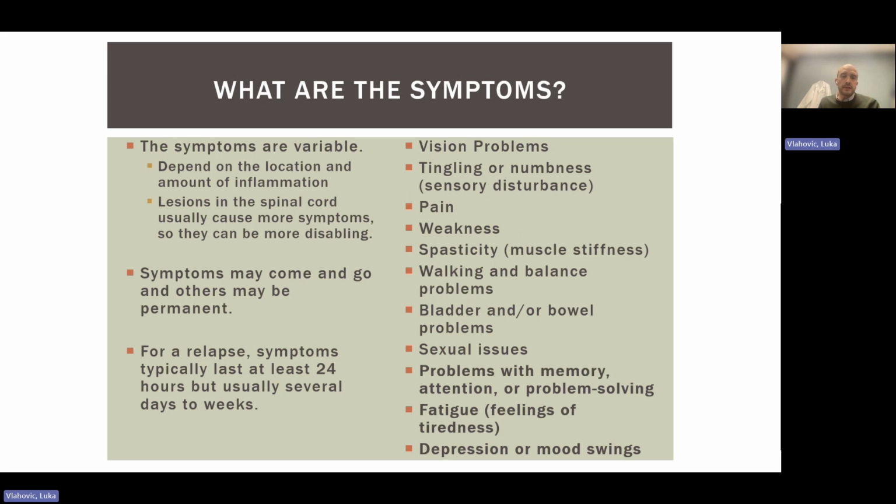Now, moving to the symptoms of this disease, they're really very variable. Given the complexity and variability of this disease, and the fact that it can really affect any part of the central nervous system, symptoms will essentially be related to the anatomical location.